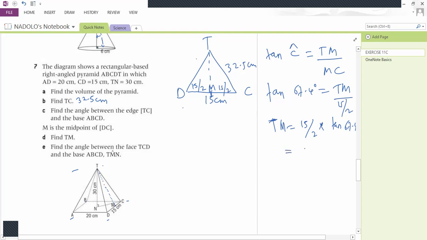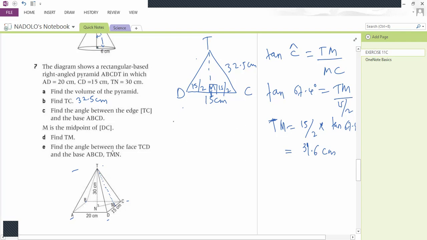Then 15 over 2 times tan 67.4 should give you a value of 31.6 centimeters. Some people can use Pythagoras theorem, that is the other way around, because this is 90 degrees, you're going to say hypotenuse squared minus adjacent squared for you to get that answer.